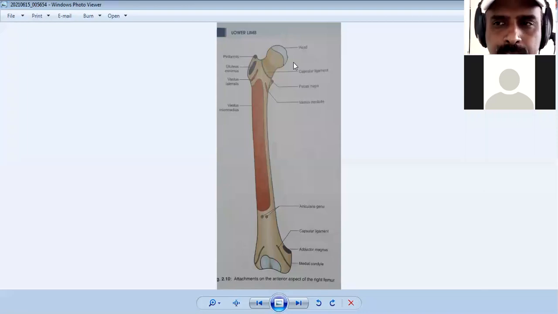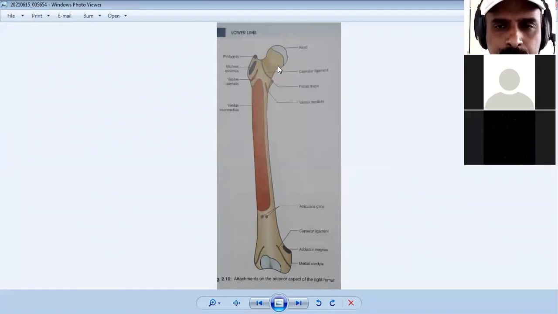It is half of a sphere, and it has a depression on the head, which we call the fovea capitis. Head of the femur articulates with the acetabulum of the hip bone, forming the hip joint. This is about the head of the femur.